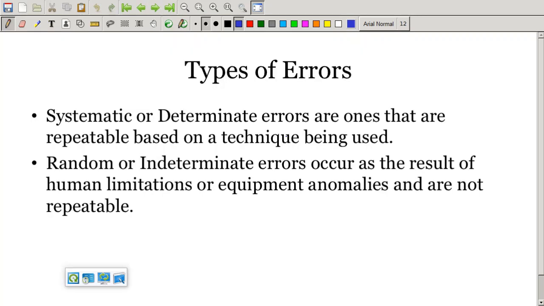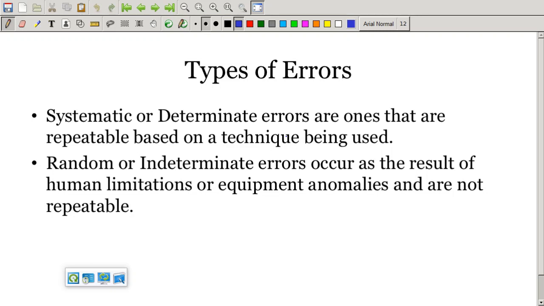So first of all, we can talk briefly about the different types of errors that are out there. First, every experiment that you do is going to have at least a small amount of systematic error associated with it. In other words, what errors come from the equipment or from the technique that you use?